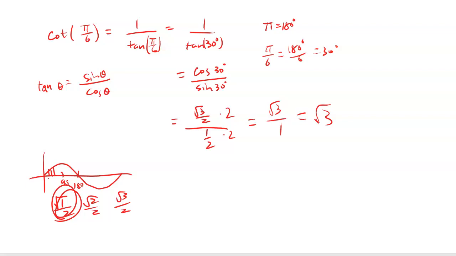Now let me just finish up this reciprocal with just one example problem that appears a lot. So let's say we know that cosine of some angle theta is equal to 2/3. Okay, just like that.